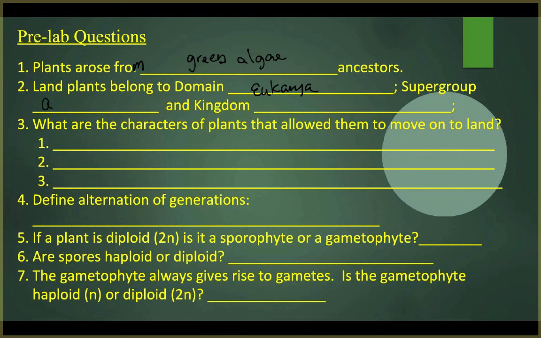Archaeplastida is the supergroup. And I remember plastida because plastids are these things that hold or store things. There is a type that you find in regular plants that's green, and that's where chlorophyll is.